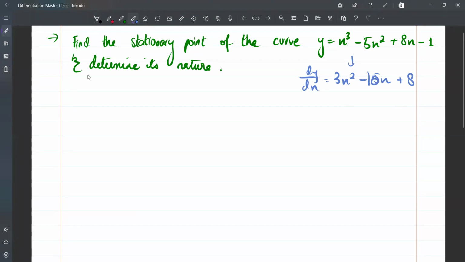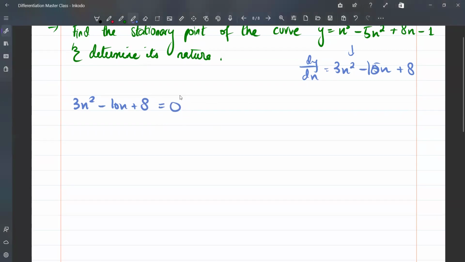So now we will simply apply model number 10 to calculate the stationary point first. So 3x square minus 10x plus 8, we will equate it to 0, and this will give us 2 points of x.